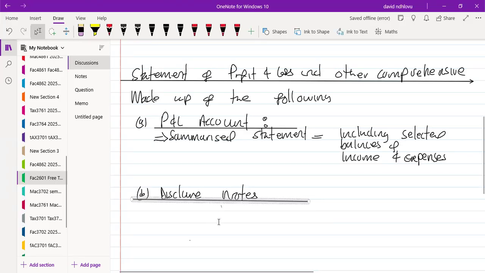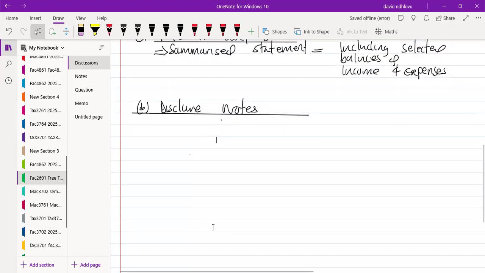For example, someone may want to know what makes up the other income. So you need a note that can give that kind of information to a curious user of the financial statements who wants to see the finer details of what makes up figures that you have disclosed in your statement. So you need to show the disclosure note.